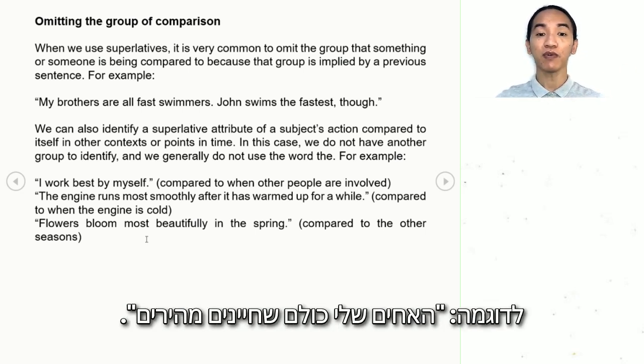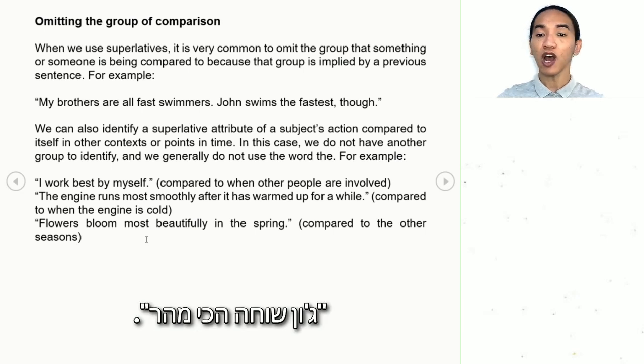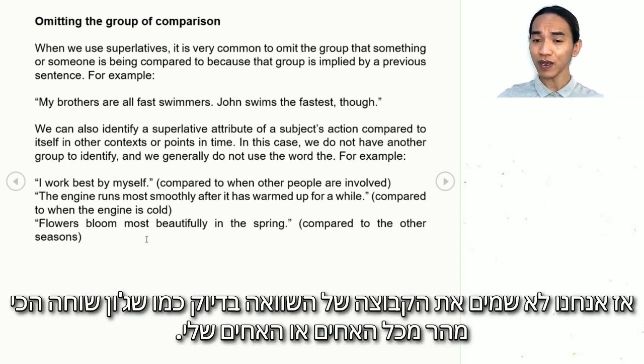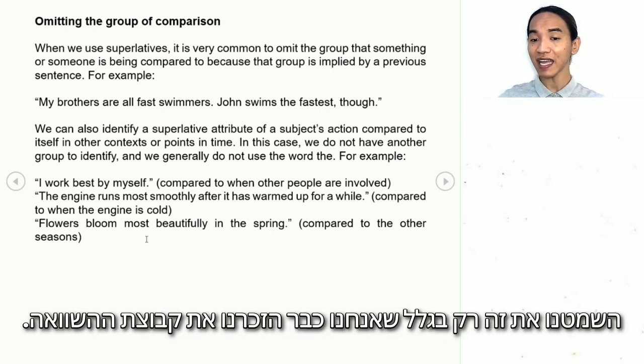Example, my brothers are all fast swimmers. John swims the fastest though. So we do not put the group of comparison, like John swims the fastest of all the brothers or my brothers. We omitted that just because we already mentioned the group of comparison.